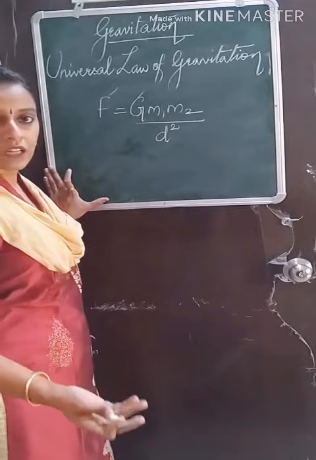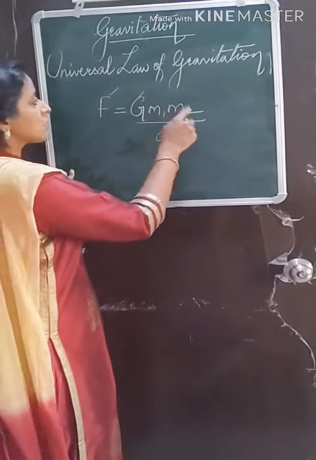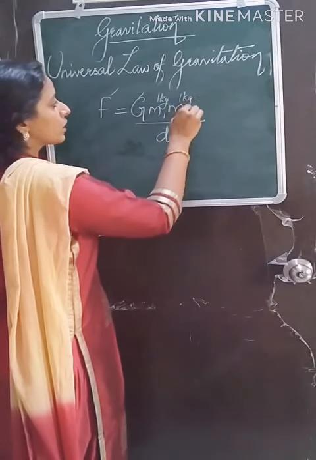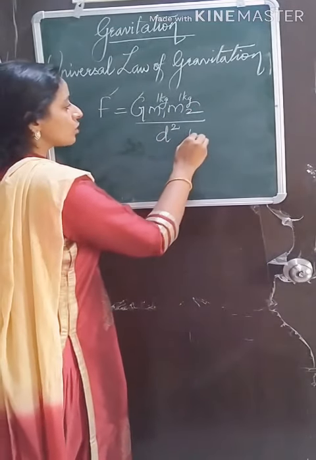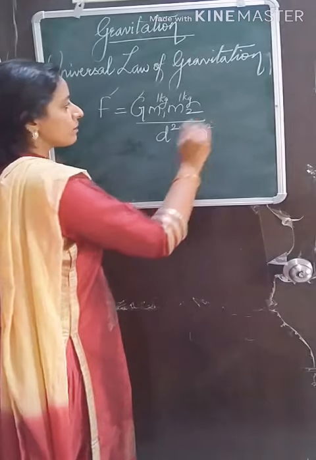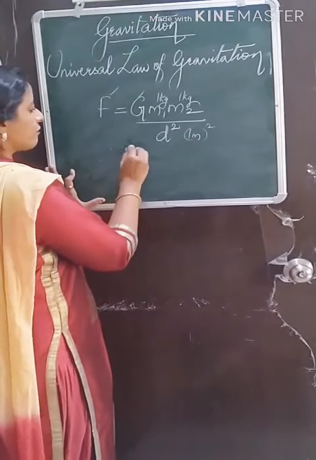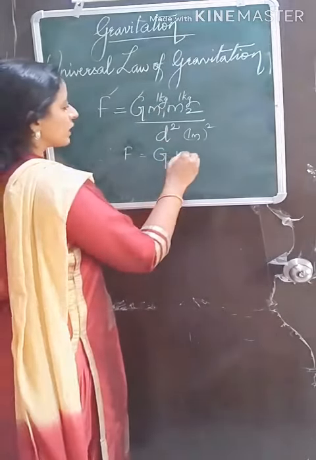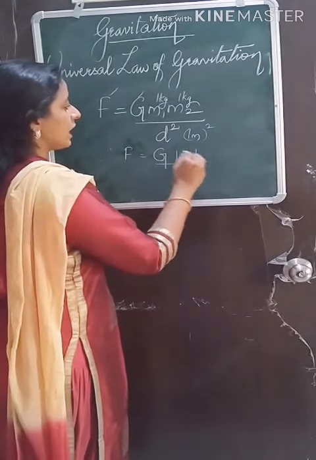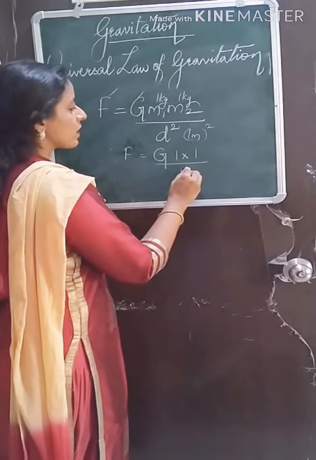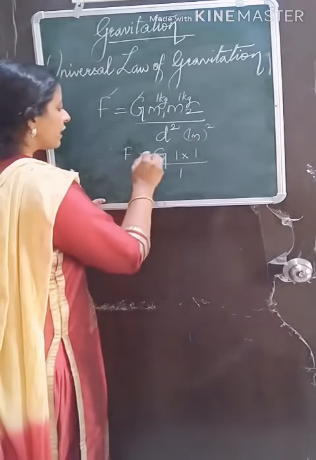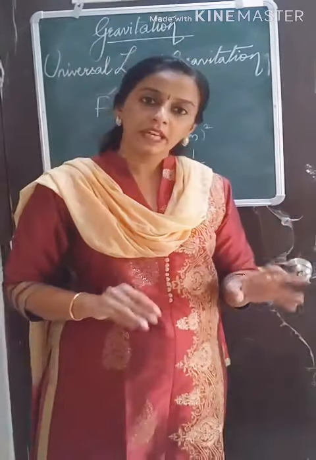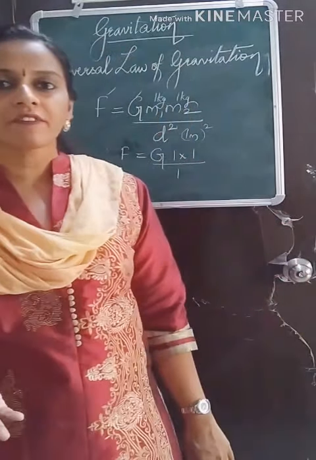When will they be equal? If the mass is 1 kilogram, both masses are 1 kilogram, and the distance is also 1 meter. 1 meter square will be 1 only, no? So therefore, F is equal to G will remain the same. If the mass is 1 kilogram, 1 into 1, 1, and distance is 1 square, so 1 square is 1 only. So when will F be equal to G? When will the force be equal to the universal constant of gravitation?